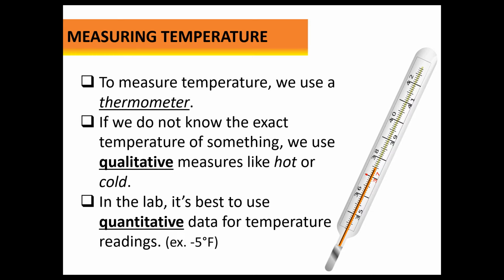So those are qualitative measures that are used to describe temperature. Of course, in science, we always like to use quantitative measures, which are going to be like our numerical values. So if I say that calcium chloride is -5 degrees Fahrenheit, that is a more precise description for the temperature of calcium chloride.